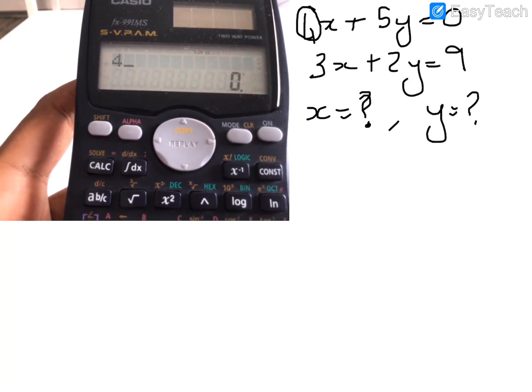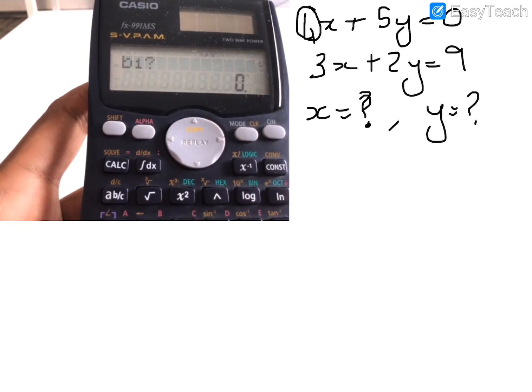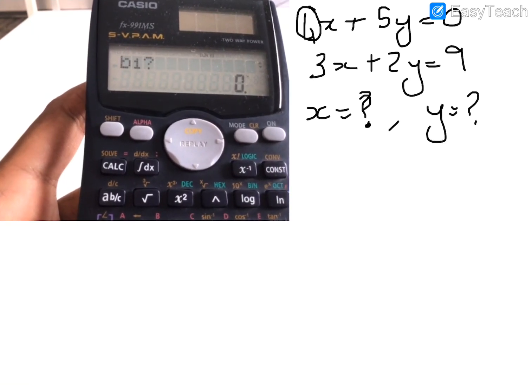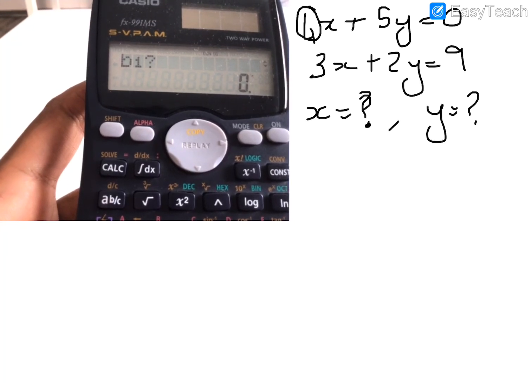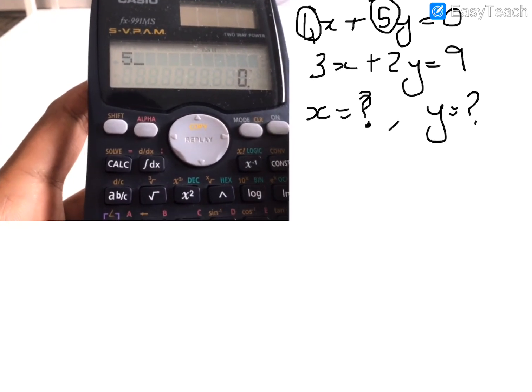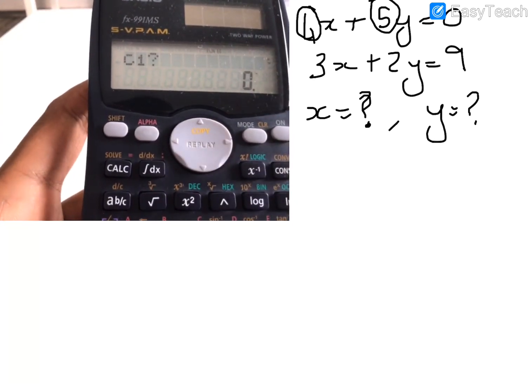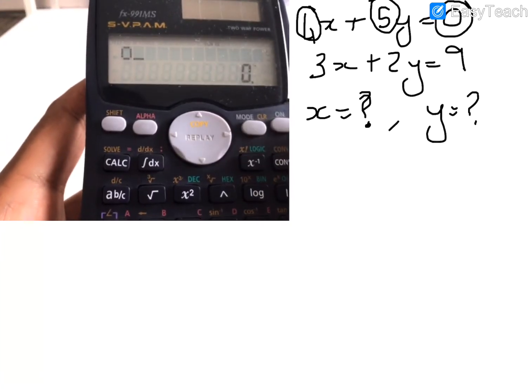So I'm going to type in 4. And b1 is the value of the coefficient of the second unknown in the first equation, which is 5. And c1 is the value of the term on the right hand side, which is 0.